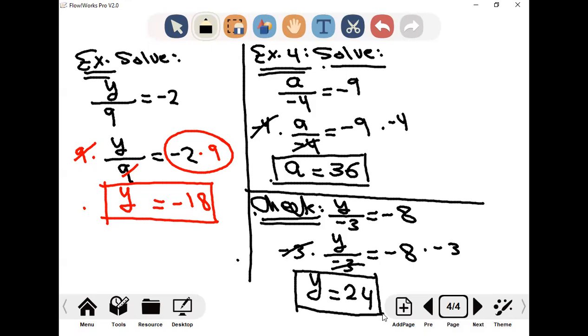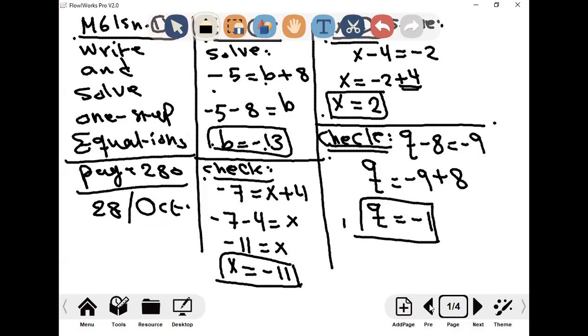Done? Until now, we took 4 types of the one-step equations. Let's revise them quickly. What do we call these two types? Addition and subtraction. In addition, we shift the number, it will be subtraction.